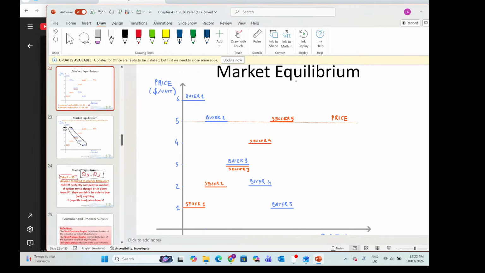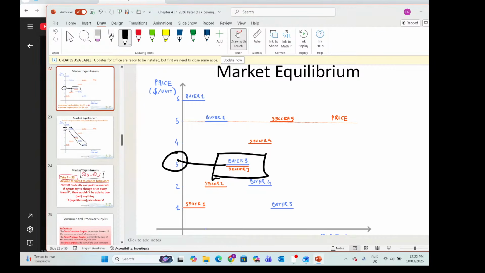Okay, now I want to just talk a bit more about this term equilibrium, though. Think about this equilibrium. 3 people buy the product, and 3 people sell the product, and the price is 3.